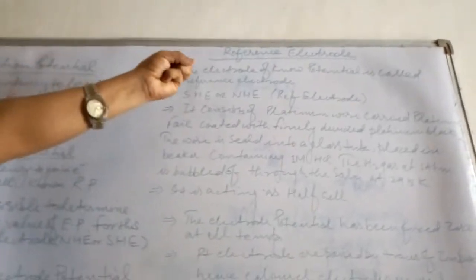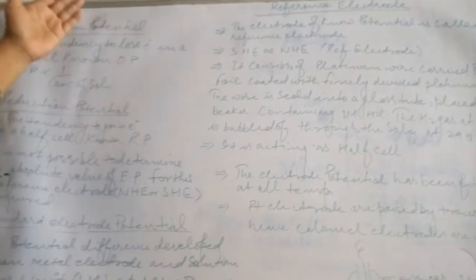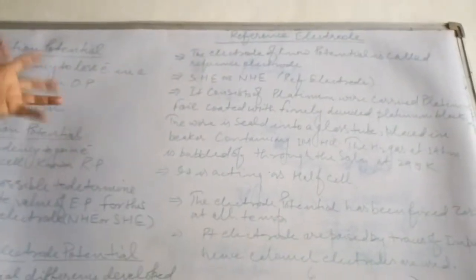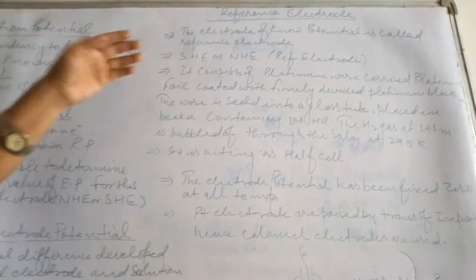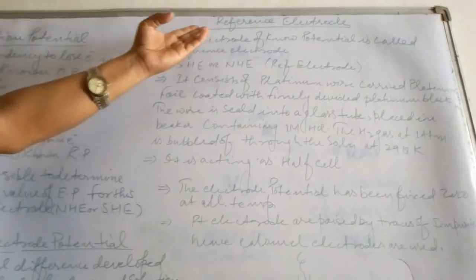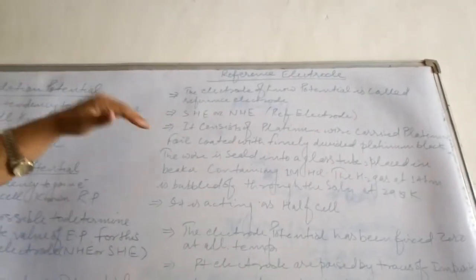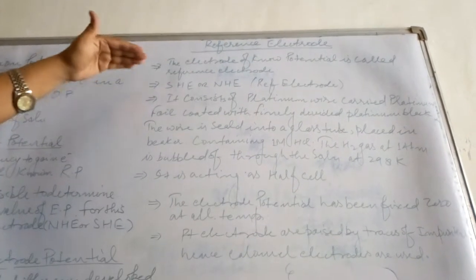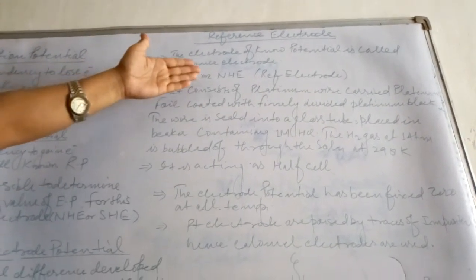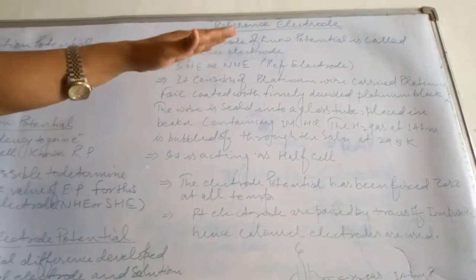Meaning the electrode whose potential we already know acts as the reference electrode, used with the oxidation potential or reduction potential of two different half cells, either cathode or anode. These are SHE, NHE, meaning standard hydrogen electrode or normal hydrogen electrode, considered as the reference electrode.